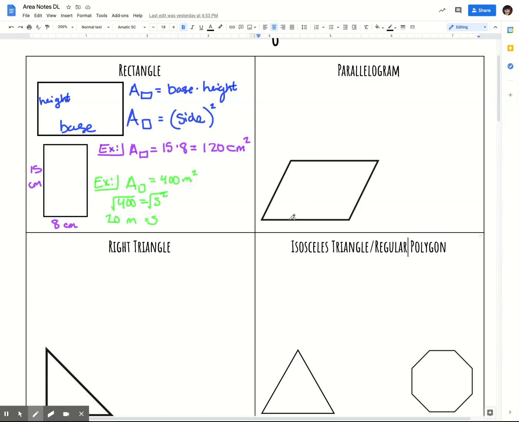So we still have the base down here, but the height is not this slanted value. The height is the vertical distance from the top to the bottom. So this is my height.